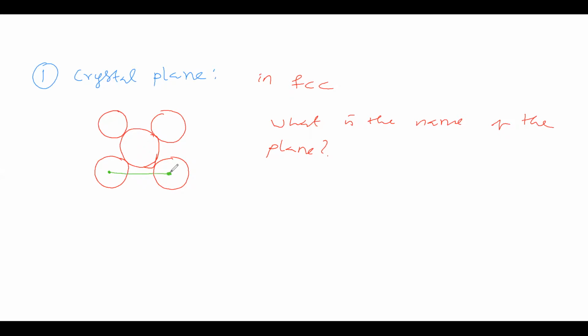Then we will go to the center of this particle, then to the center of this particle, then we will come back to the center of this particle. It indicates a square face. In the square face, a center particle is there. Therefore, we can call it a face plane. Okay. We will go to the next question.